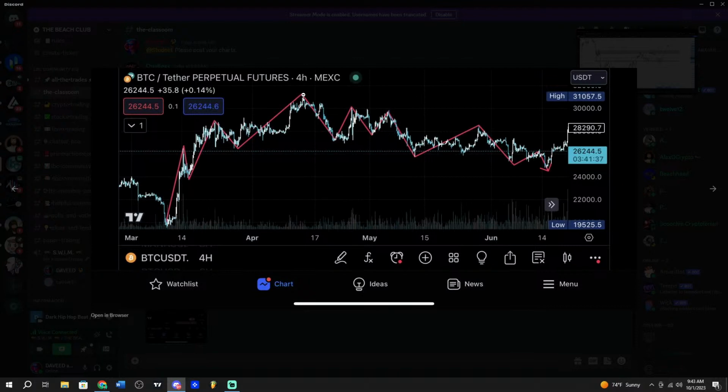When really this high or this low should be lower than this low. So whatever the next lower low, that would be here. So this line should come straight down here. All of this is just noise. 1, 2, 3, 4, 5. Yeah, that's just ugly.